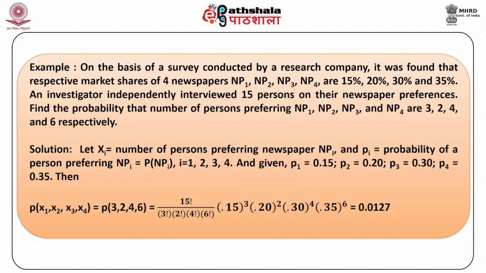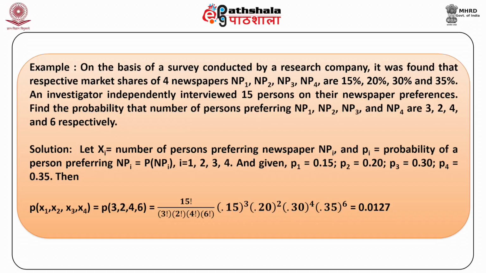We are given that P1 is equal to 0.15, P2 is equal to 0.20, P3 is equal to 0.30 and P4 is equal to 0.35. Then our required probability is the probability of (3, 2, 4, 6), the number of persons preferring those newspapers.